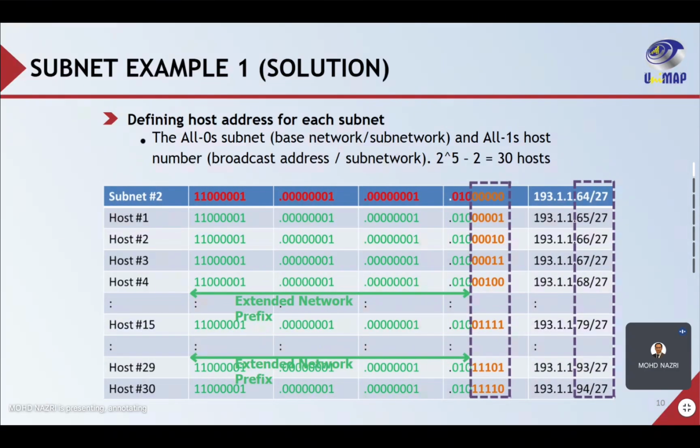Right. And then defining host address for each subnet. Okay. So sekarang ni kita nak 25 host. Okay. So the all one host number, broadcast address and subnet is 2 power 5.